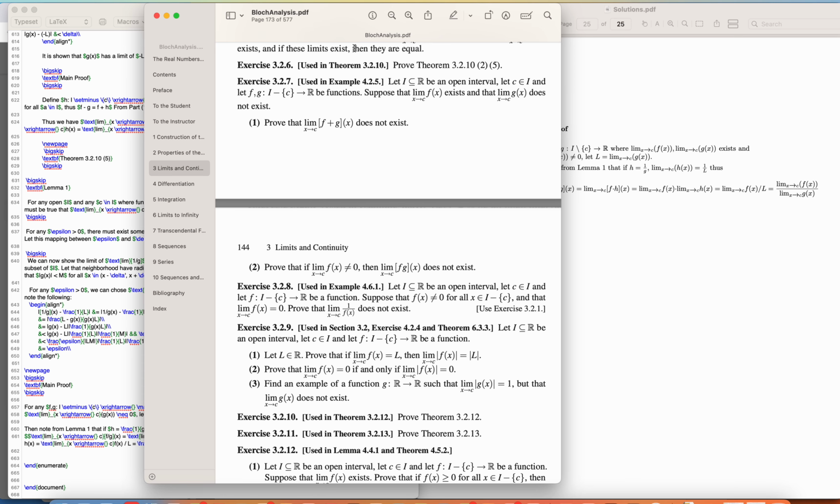Okay, so here, this is a direct application of the subtraction one, I think. If you assume that f plus g does have a limit, and you subtract f, then g should have a limit. But of course, this is assuming there's only two possible states, that the limit either exists or it doesn't, and there's no third state. But maybe that's a bit absurd, because the definition of does not exist means that there doesn't exist any real number such that the definition of limit can be satisfied.